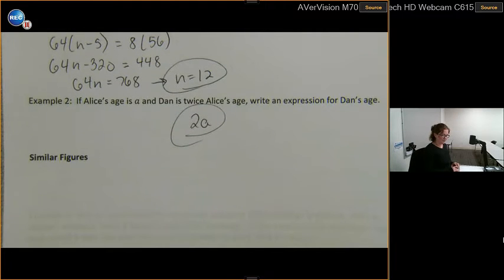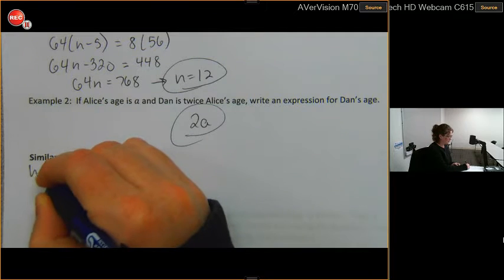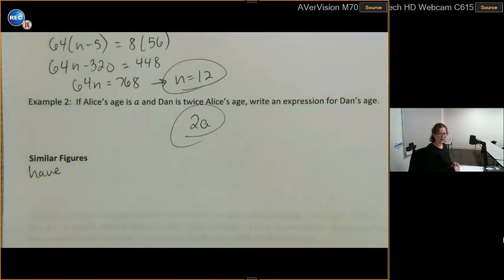Similar figures, we're looking at shapes like triangles. Similar figures have corresponding angles that are equal to each other and corresponding sides in the same ratio.